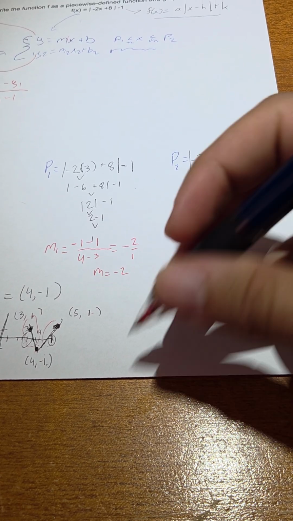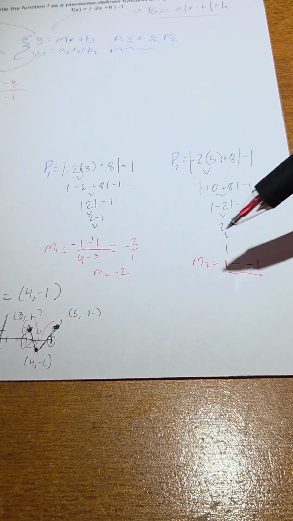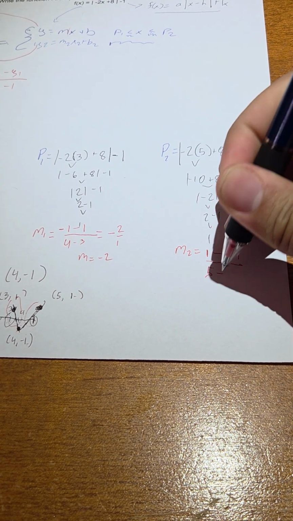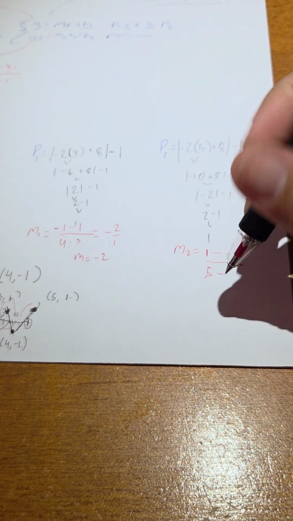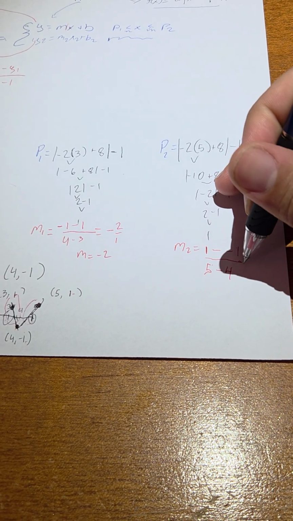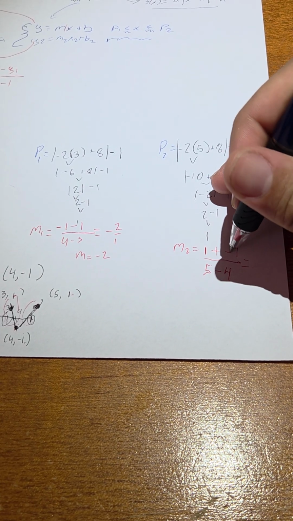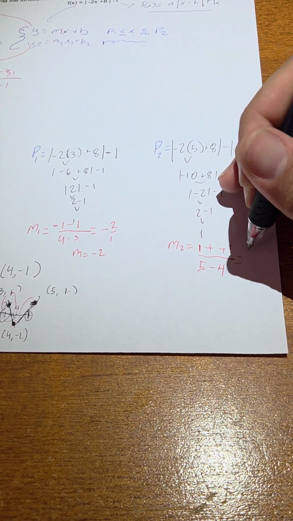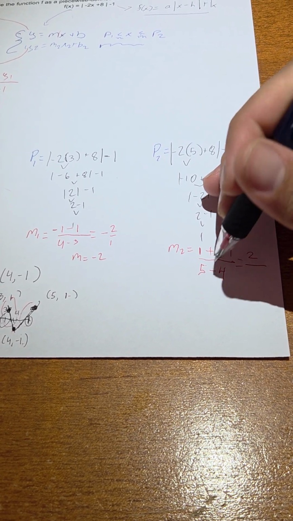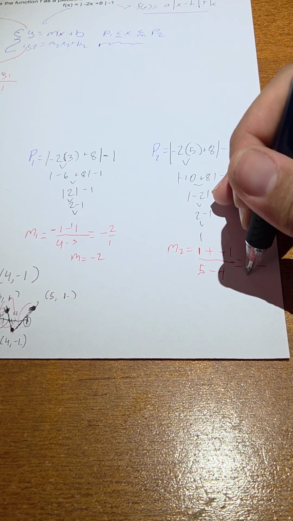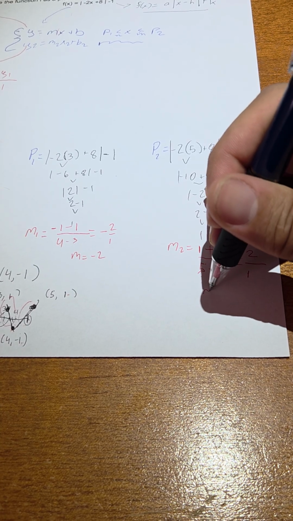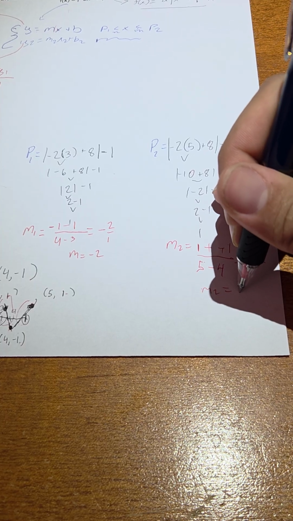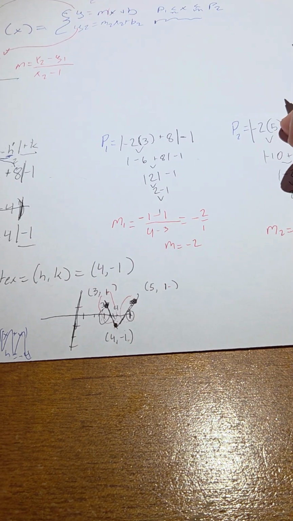Divided by our x2, which is 5, minus our x1, which is 4. That ends up equaling 1 minus negative 1, which is 1 plus 1, which is 2. 5 minus 4 is 1. So m2 is equal to 2, right?